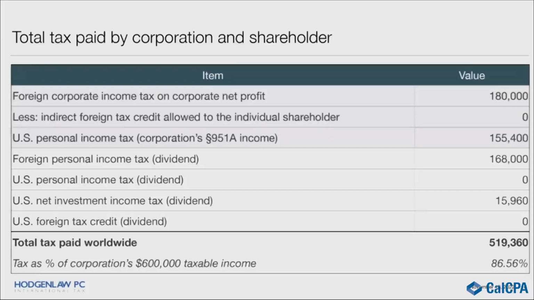So tax rate combined worldwide 86.56%. Not bad, right? If you're in the government business, if you're a human, not so good.